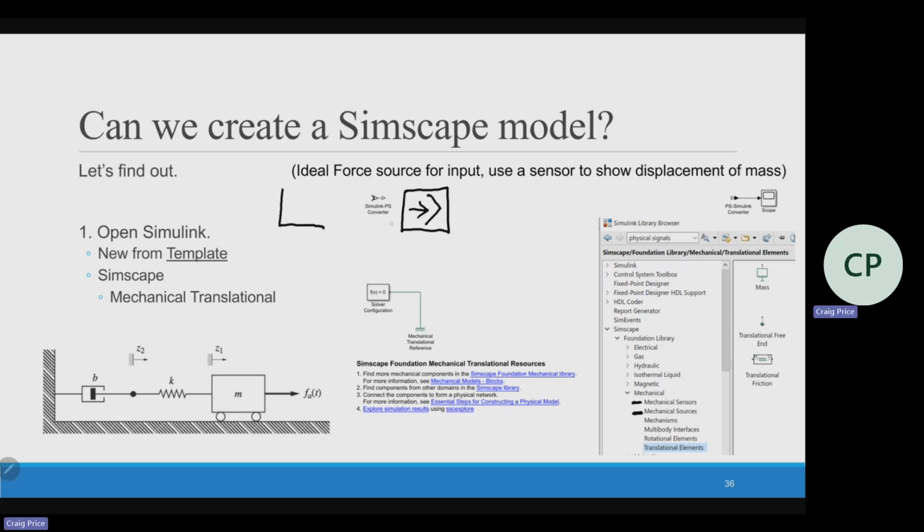It's looking for a couple of things. B, S, R. Then we got our displacement sensor, which looks like... Wait, what kind of sensor is that? Yeah, that's good.